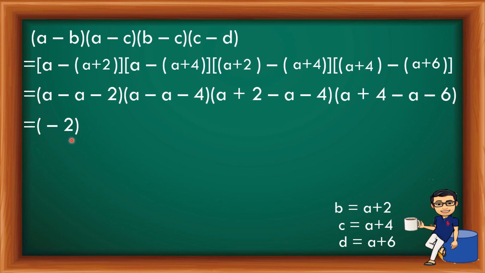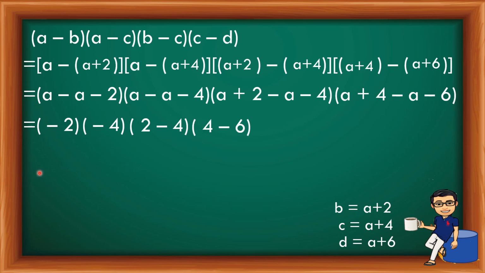Therefore, this becomes negative 2. Same way with this side. A minus A is 0. Then this becomes negative 4. On this side, this A and this A will be 0. Therefore, this becomes 2 minus 4. And on this side, we have A minus A here. That is 0. Therefore, we have 4 minus 6.